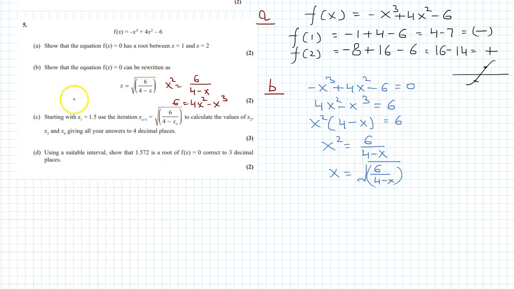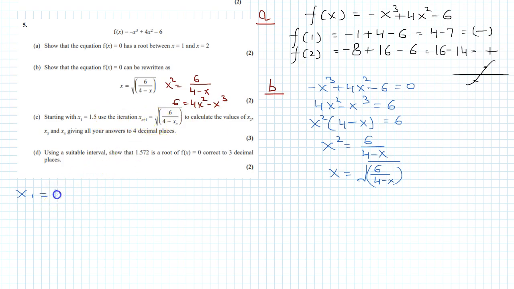It's part B. Starting with 1.5, x1 is equal to 1.5. This kind of question is just a repetition only. There's not much, only you have to be very careful about your calculation.